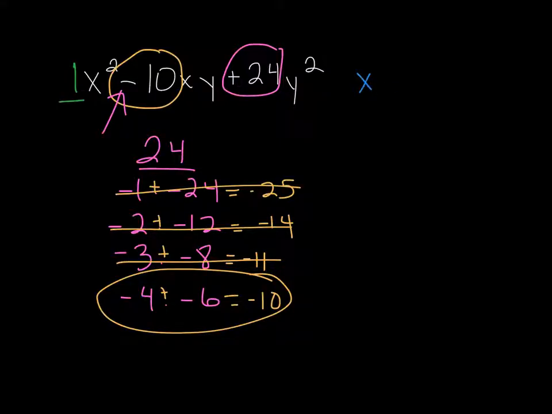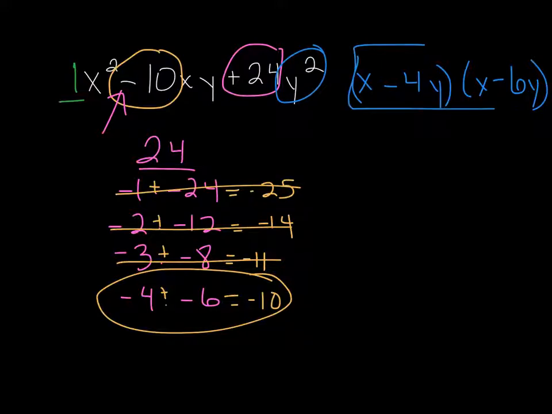So x minus 4y, because we have a y on the end, and x minus 6y. Now let's FOIL to check it. First terms, we get x squared. Outer, you get minus 6xy. Inner, minus 4xy.